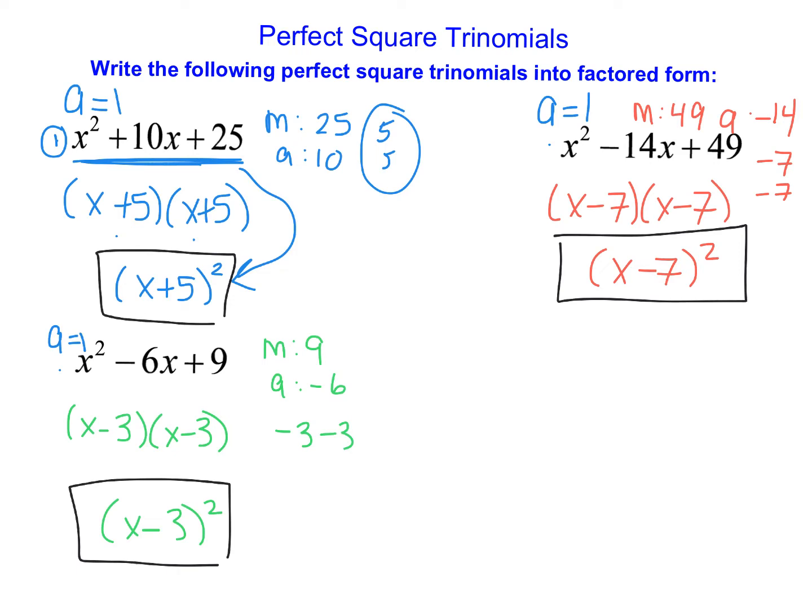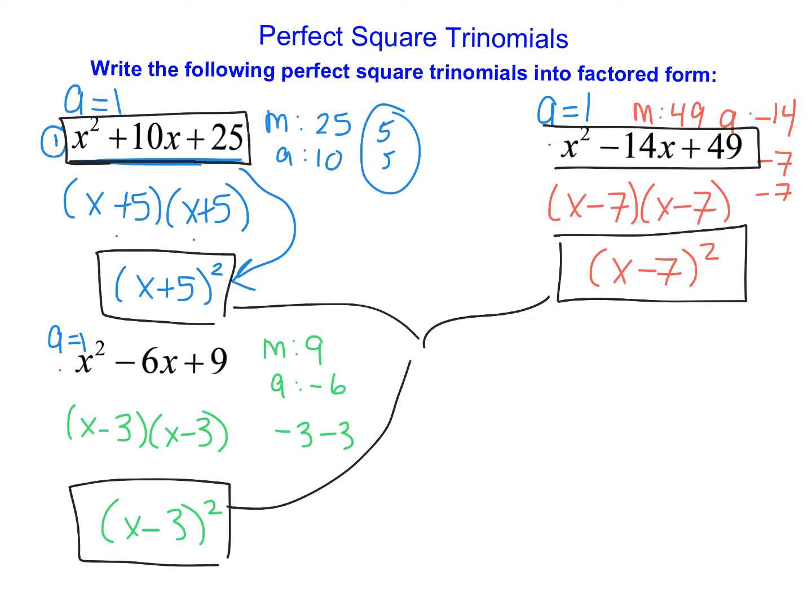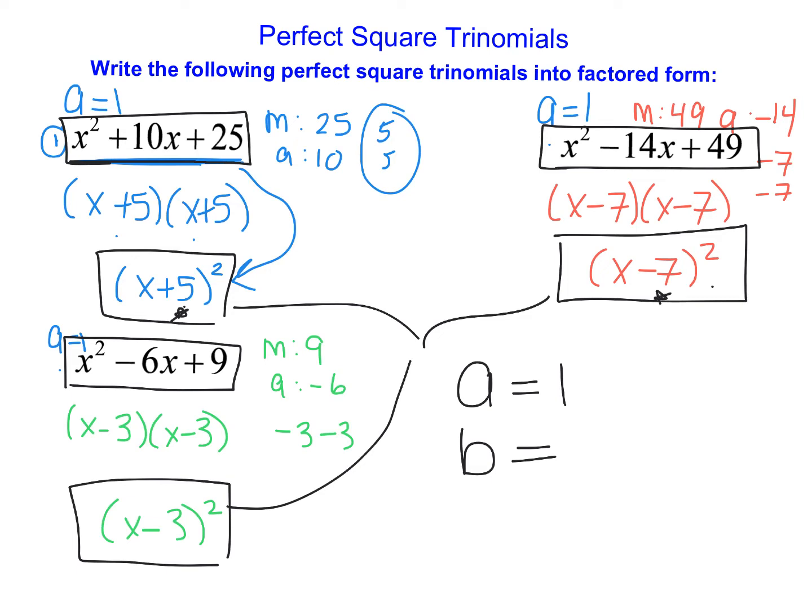Now, what I also want you to notice is a pattern amongst all of these. This pattern relates the piece that is squared to the original perfect square trinomial. In all of these, we know that the a value is equal to 1. If you look closely, your b value in these perfect square trinomials is whatever this number is: here it's 5, here it's negative 7, and here it's negative 3, times 2. So you can see that it's that number times 2.